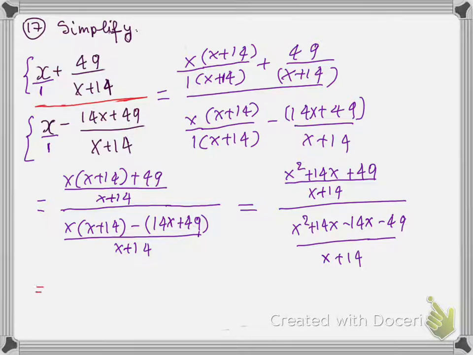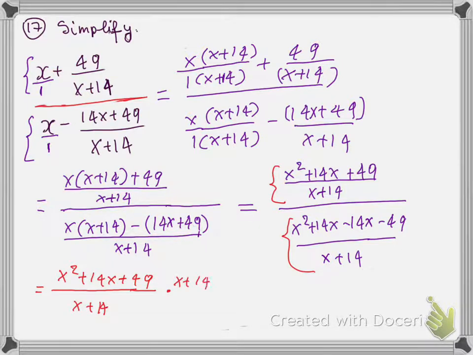So x squared plus 14x plus 49, that numerator over x plus 14 times the reciprocal of the denominator, which is x plus 14 over the 14x and negative 14x will cancel out, x squared minus 49.